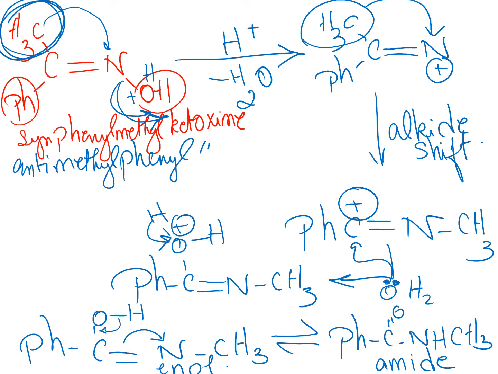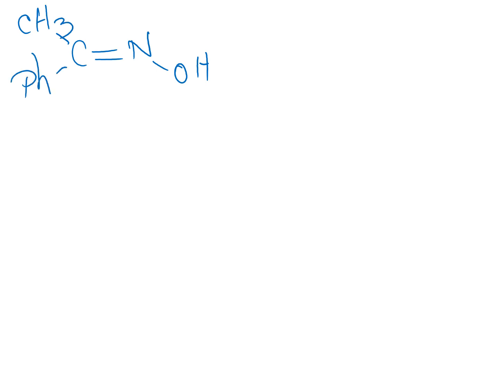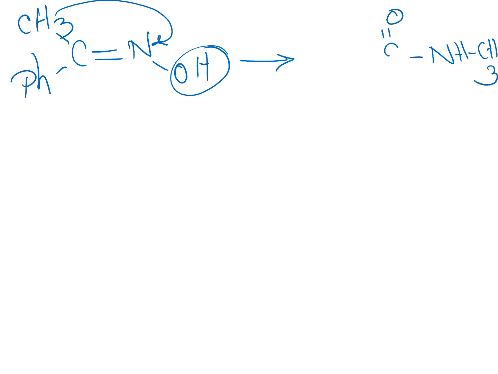How can we use Beckmann rearrangement to differentiate between different isomers? If you have this oxime, this is one isomer where the methyl was the group that was in the anti-position to the OH. So this means that you will end up with the methyl attached to the amino group of the amide.